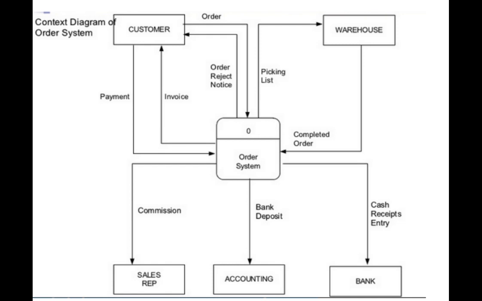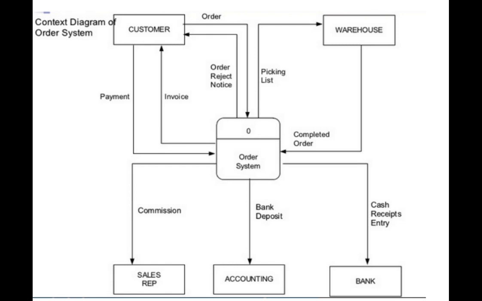The various external entities like customer, sales representative, accounting, bank, warehouse are shown in the context level diagram of the order system. The major information flows between entities and the system are represented through the data flow lines.